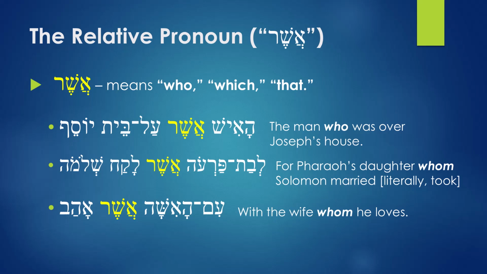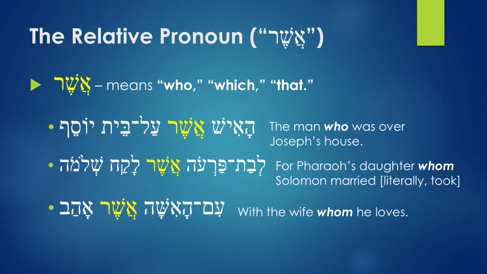You can see the vowel marks. It means house of. So it's beit Yosef, house of Joseph. So the literal translation is: the man who over house of Joseph. And in English this is going to be translated as the man who was over Joseph's house, or the man who was over the house of Joseph. So again, vocabulary is very important for you to know.